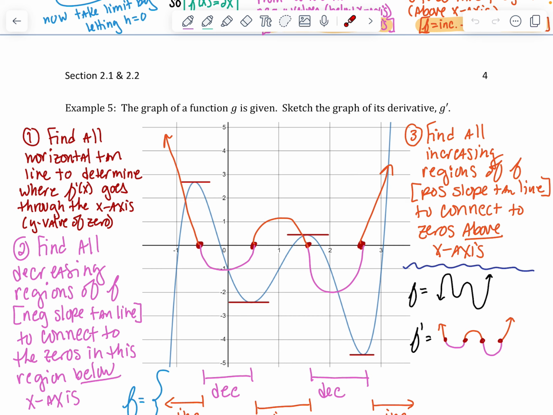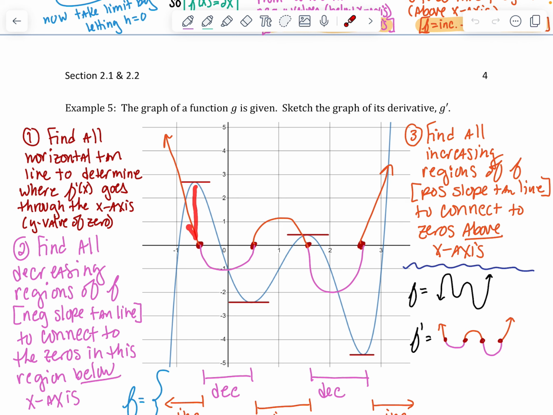Now what we learned is first thing we want to do is find all of the horizontal tangent lines, because that is where the slope of the tangent line is 0, which means the graph of the tangent line will have a 0 height. So following this first mountain shape, we see that right here is a horizontal tangent line.